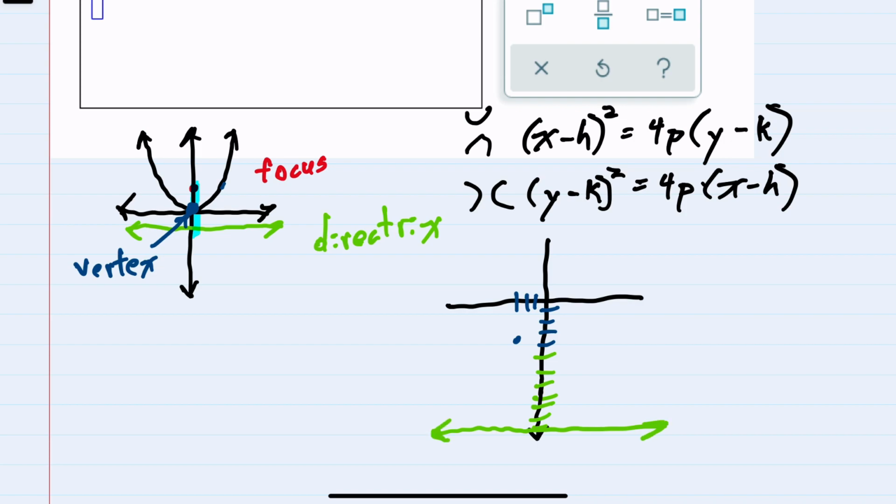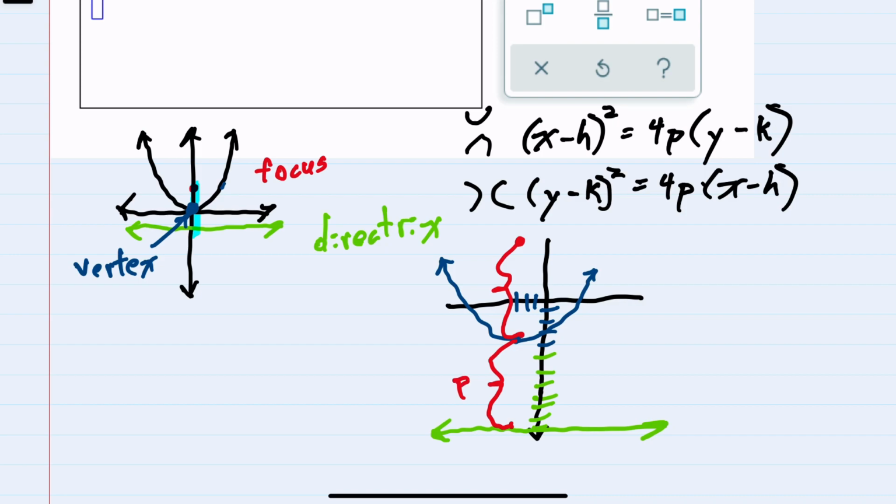From this, we can see that our parabola will go through the vertex, open away from the directrix at the bottom. We weren't given the focus, but I know that it must be somewhere up here. And this distance from the focus to the vertex is the same as this distance from the vertex to the directrix, and we call this distance p.